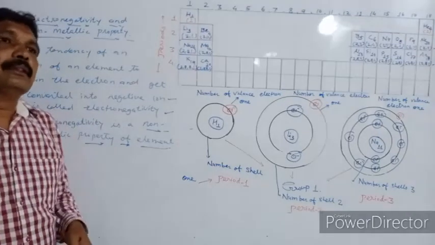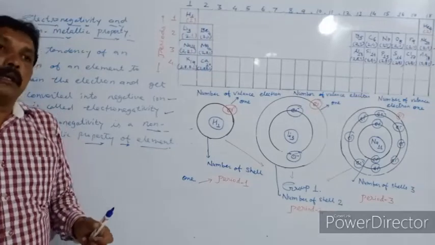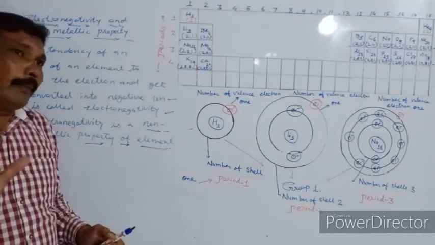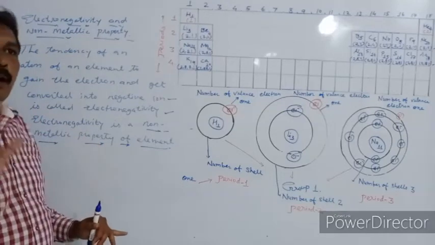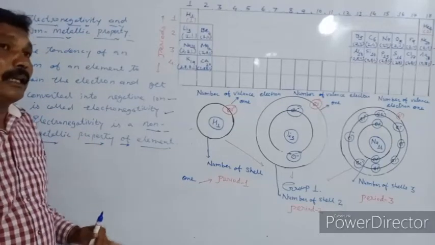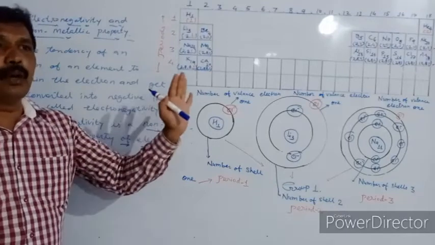Let's have some brainstorming on electronegativity and non-metallic character of elements in the modern periodic table when we move in a period from left to right.